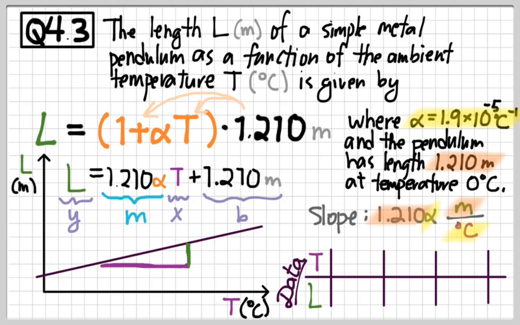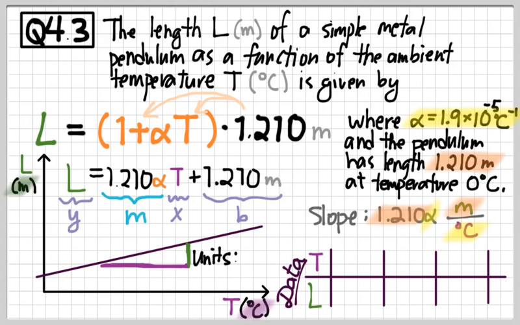But again, we can either see it that way if we know what the slope is, or even more simply, we could have just looked back at the units of our independent variable and the units of our dependent variable and done it from there. The units of our dependent variable were meters, and the units of the independent variable were degrees Celsius. So necessarily, the units of the slope have to be the ratio of those two.